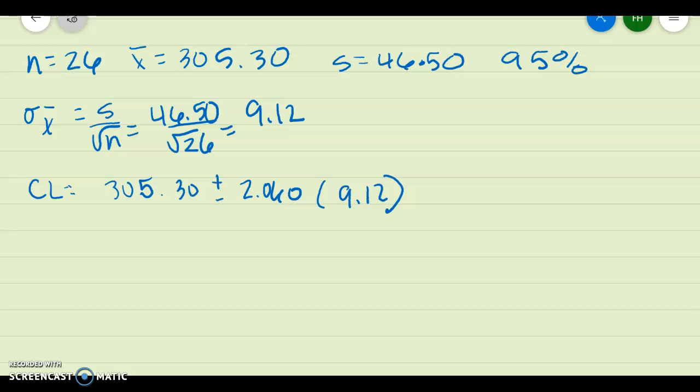Sorry, we don't even have to do all that. We just need the critical value, and the critical value I showed you was 2.060.